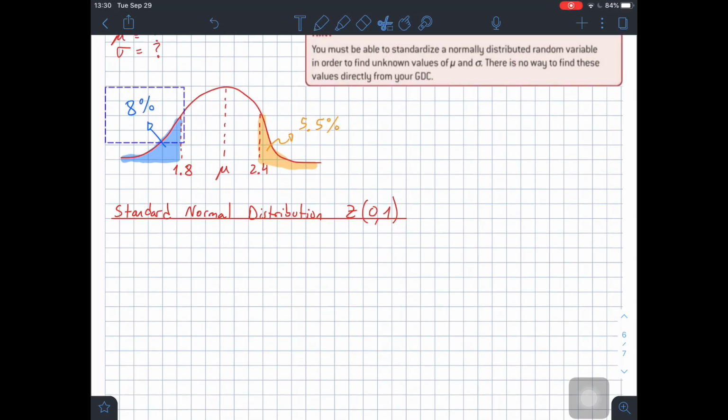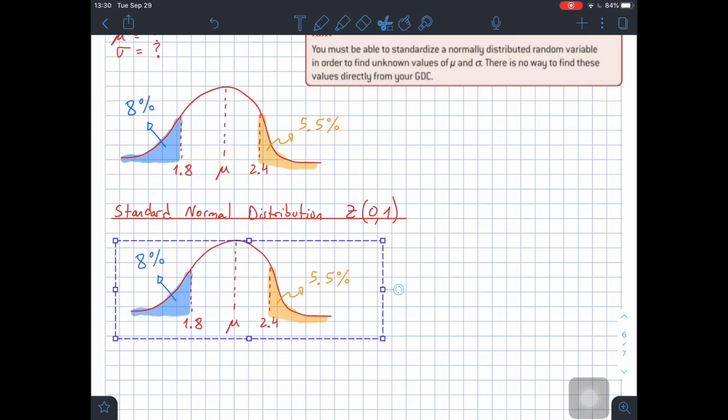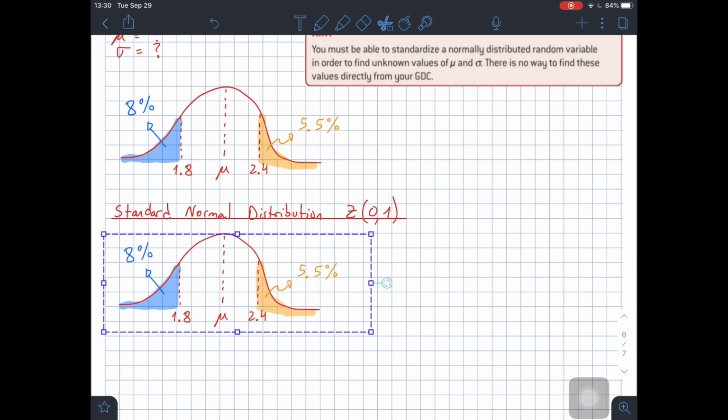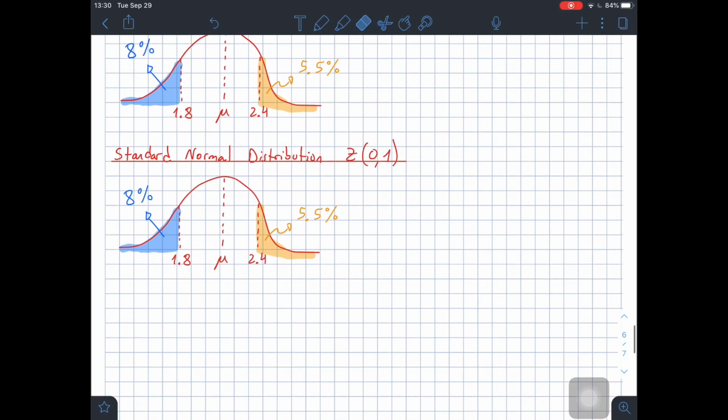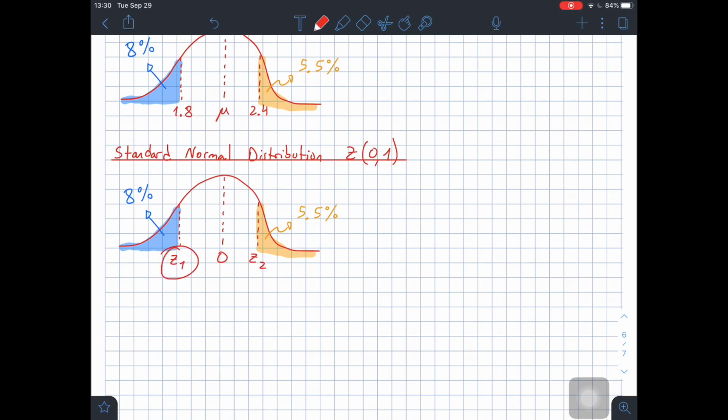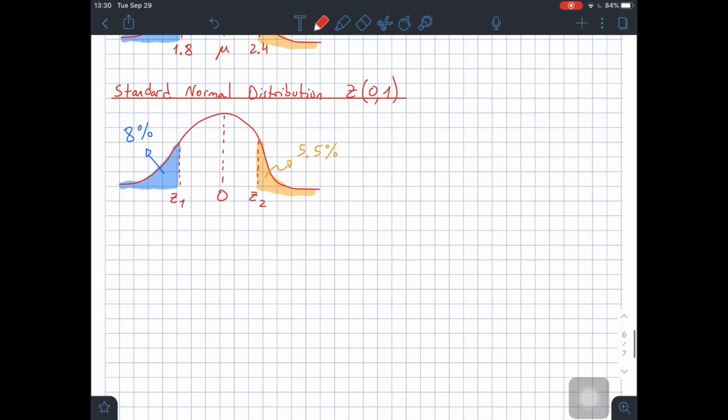I'm going to copy and paste this normal distribution and change the values to Z values. Let me use the same spot there. So here we would have as mean, the mean would be 0, sorry, not 1. So here we would have a Z value, Z1, let me call this, and this would be Z2. So we're going to focus on finding Z1 and Z2, and then we're going to relate them to these two values we had before.